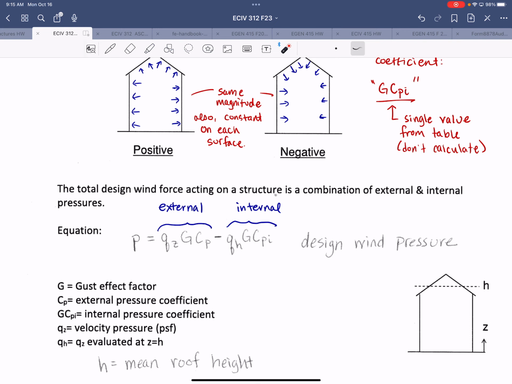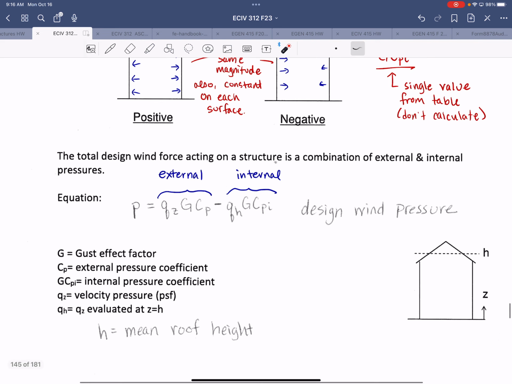And so the direction of positive pressure is going to be opposite for your external and internal pressures. Because if your external pressure is positive, it's like that. If your internal pressure is positive on that same wall, it's going to be in the opposite direction. On the leeward side, you're always going to have negative pressure, so it's always going to act away.